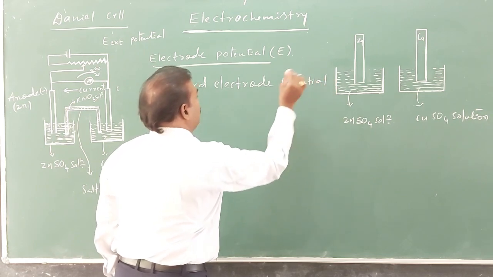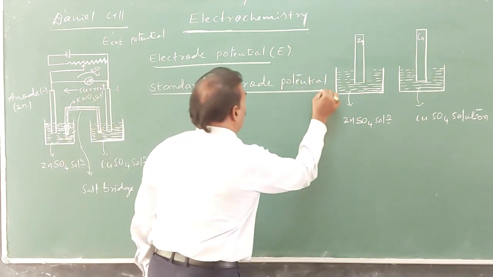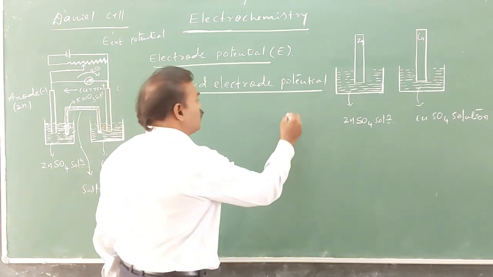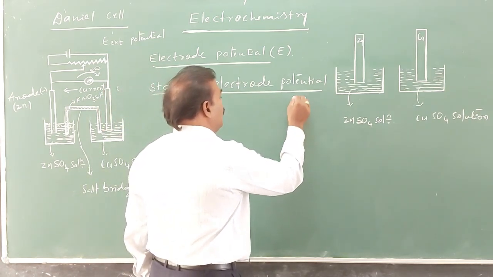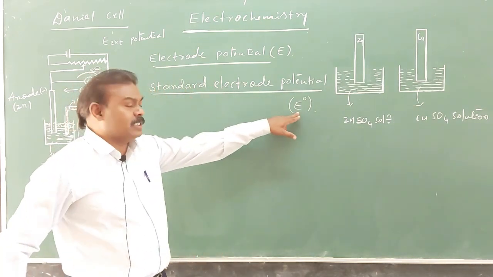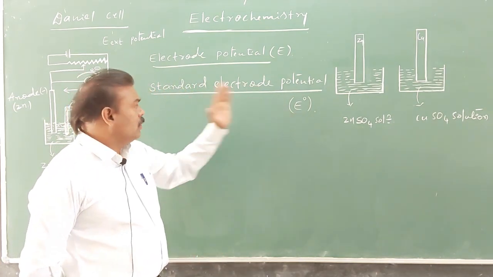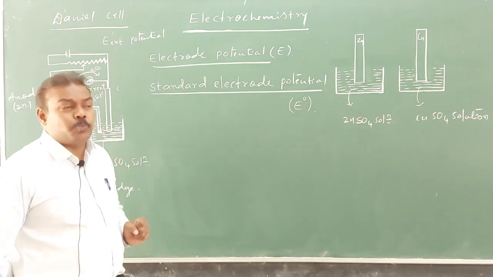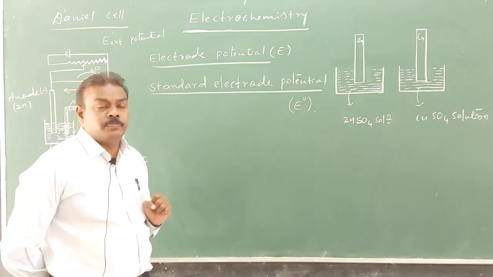What is meant by the term standard electrode potential? It is also given by the notation E naught, where the superscript 0 indicates the standard condition. Standard electrode potential means what?